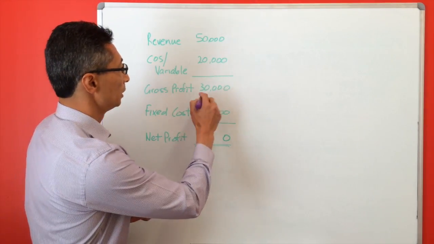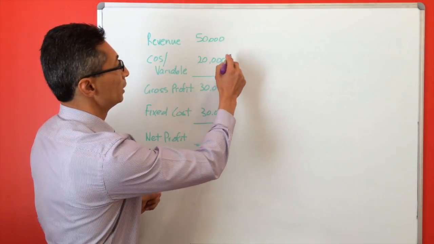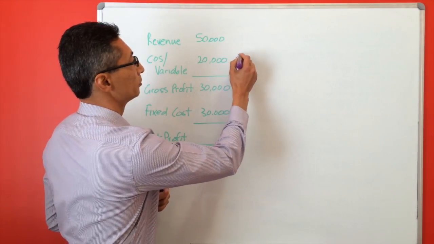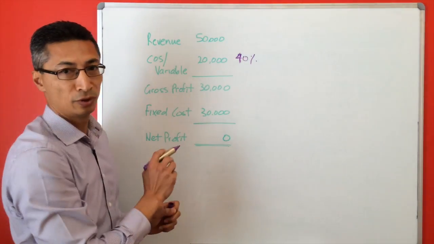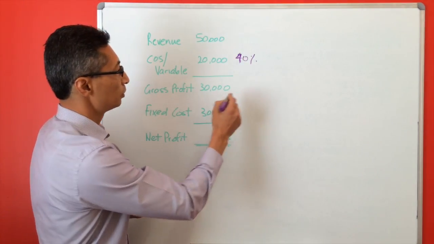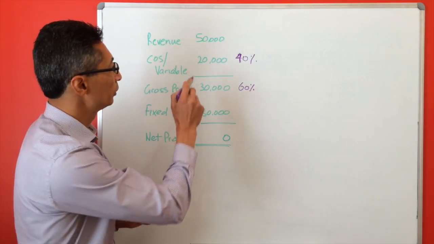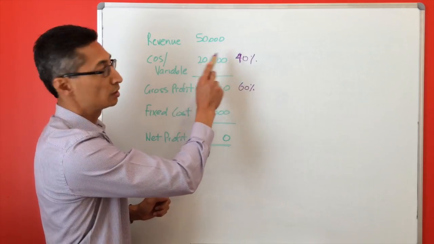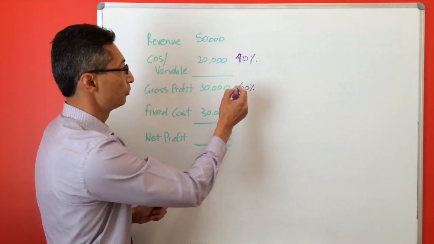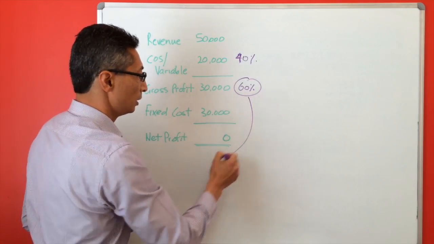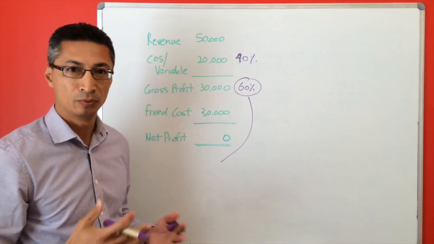The first is this here. So let's start with the cost of sales. In this example, this is 40% of the revenue, and the gross profit is 60% of the revenue. So you can work out there, 20,000 divided by 50,000 is 40%, 30,000 divided by 50,000 is 60%. And this figure here is an important figure that a lot of accountants and people who understand numbers will speak about.